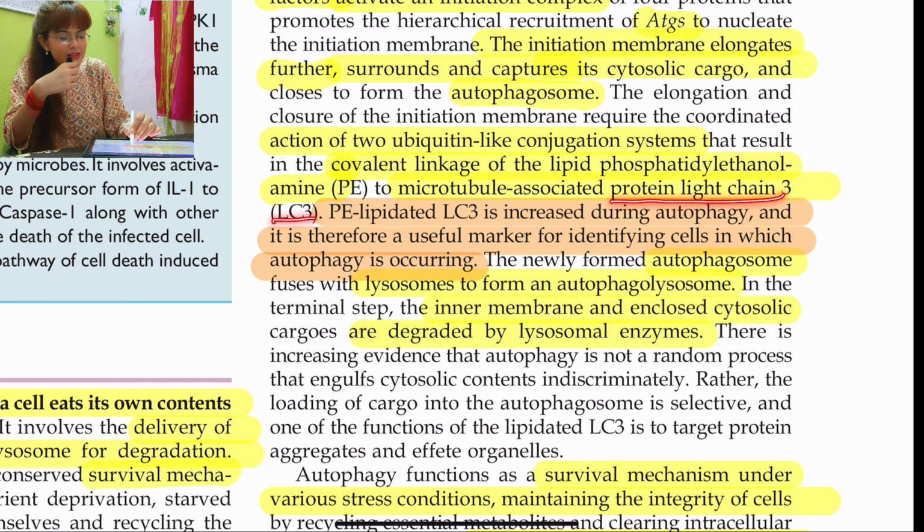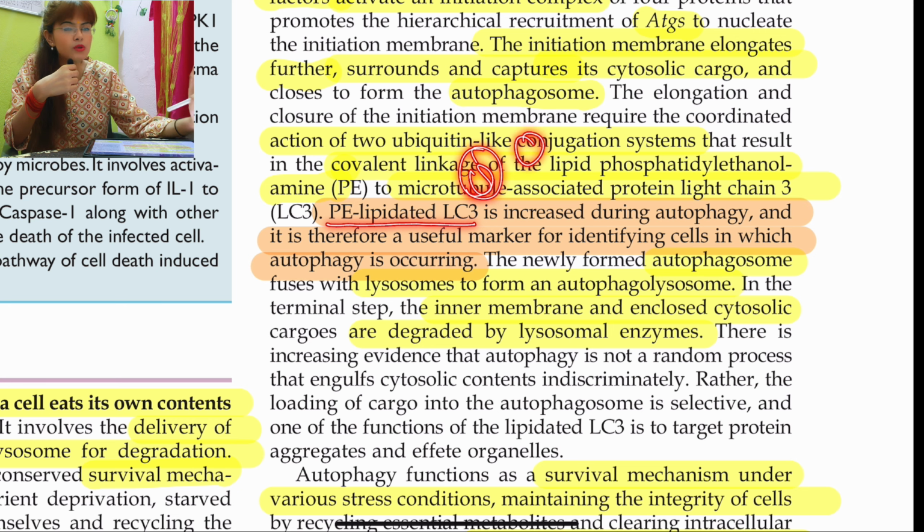Okay, once there is some kind of covalent linkage, that will ultimately cause the formation of the autophagosome. So PE lipidated LC3, a very important question, is increased during autophagy, and it is therefore a useful marker for identifying the cells of autophagy.